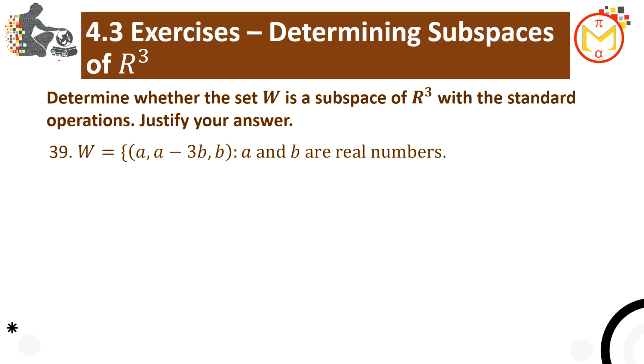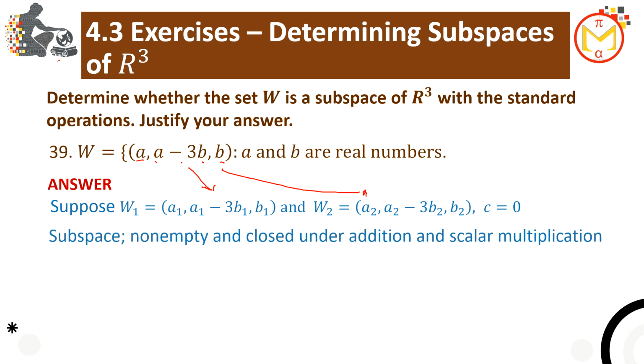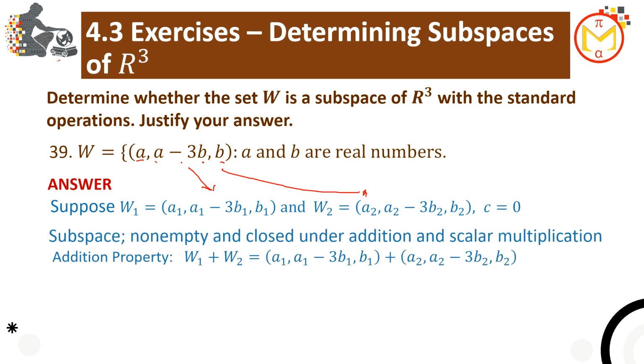All right. Now look at this one. This is a different form: a minus 3b, then we have b here. Let us consider a similar form. I use a different subscript to distinguish it. If we do addition, what will happen if we add?